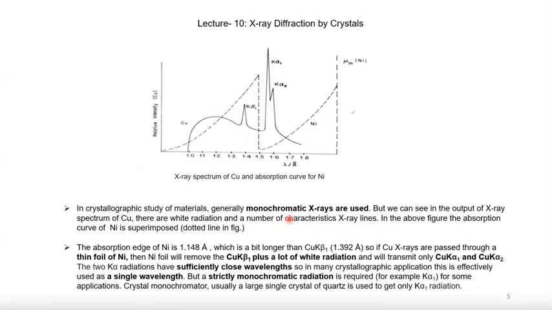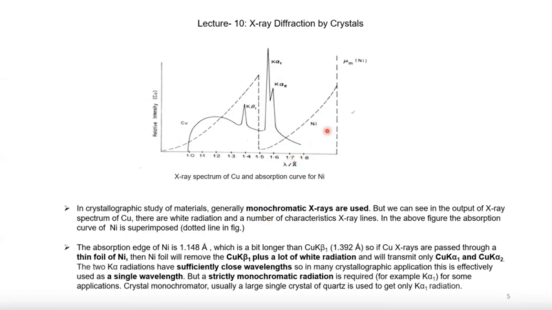That means only one of the radiations. So we have to have only one of them, not K alpha 1 and K alpha 2. It is only either K alpha 1 or K alpha 2. This is what we call strictly monochromatic radiation.